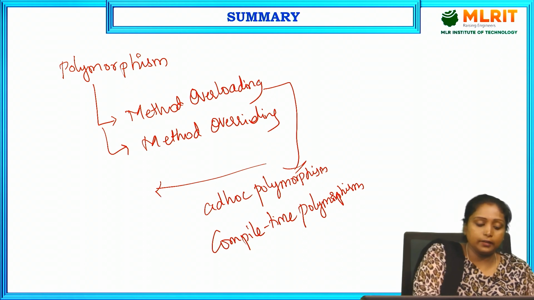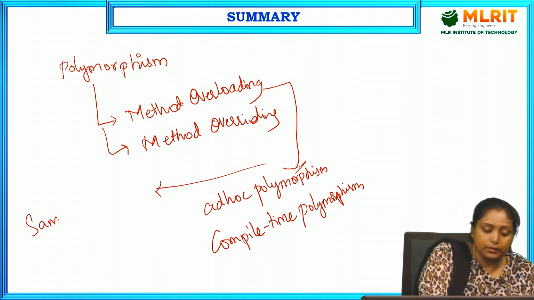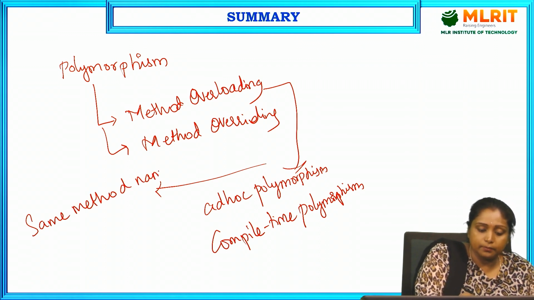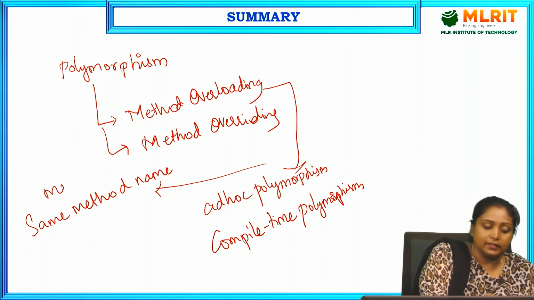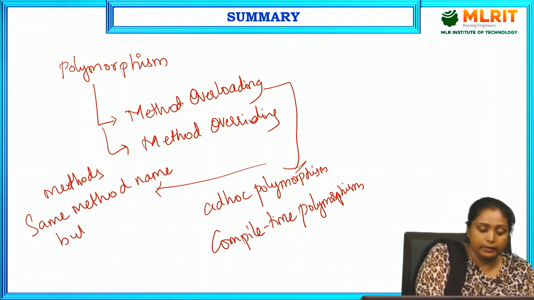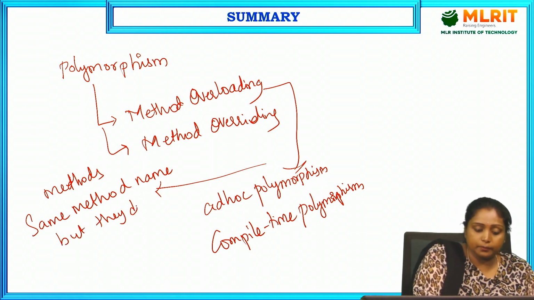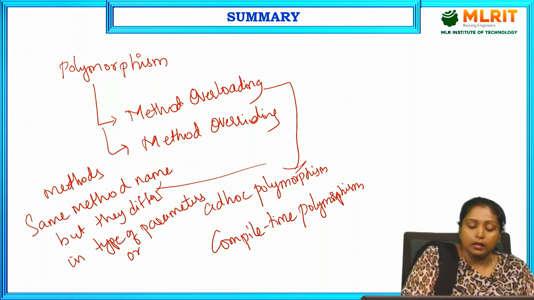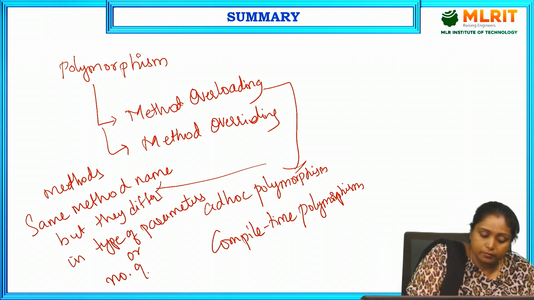Method overloading is when you have methods having the same method name. What do they differ in? They differ in the type of parameters or the number of parameters.